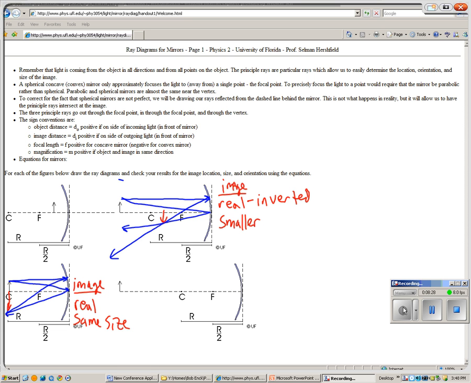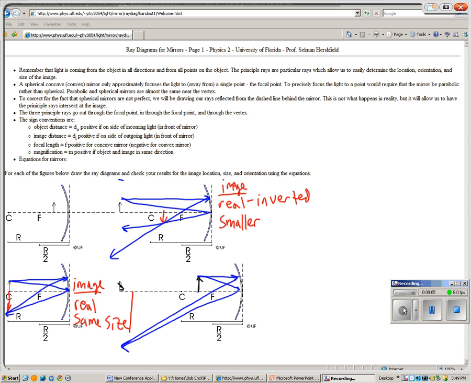I'm going to put my object right at F. Actually, I'm going to put my object between C and F, right here. We're not going to worry about this object out here. I draw my light ray parallel to the principal axis, it reflects through the focal point, and then I draw it down to the vertex, reflects off the vertex, angle of incidence equals angle of reflection, and it intersects somewhere out there beyond the center of curvature.